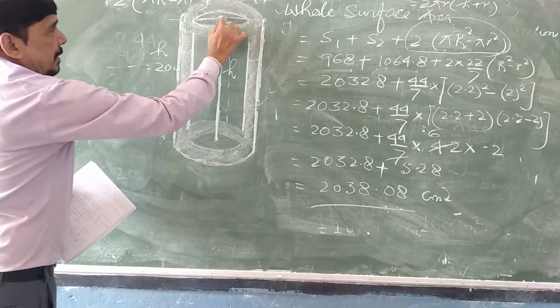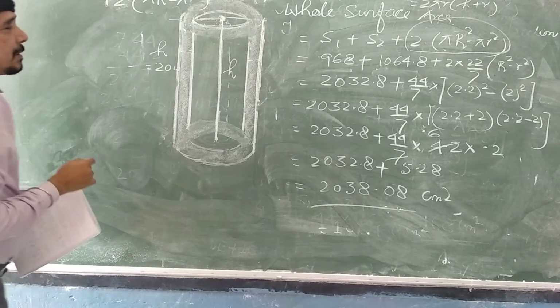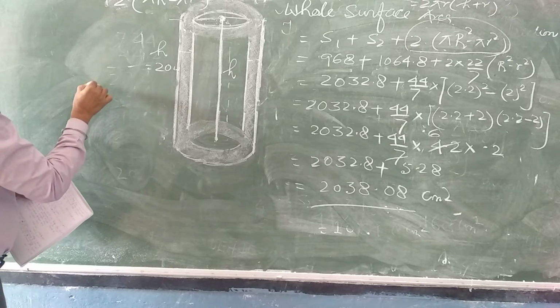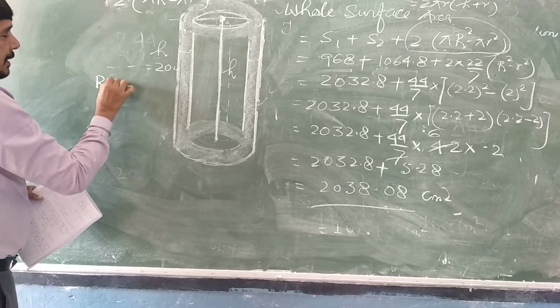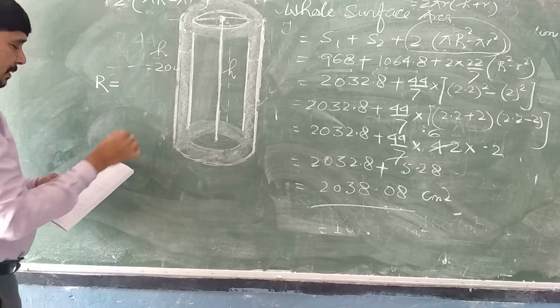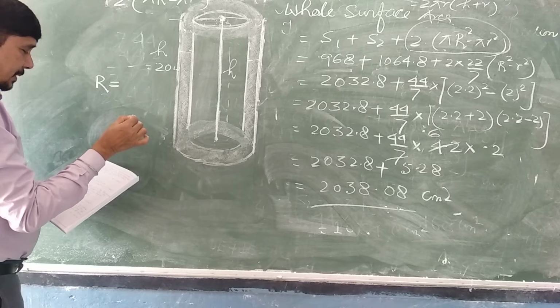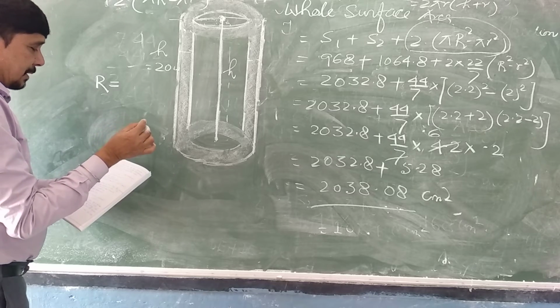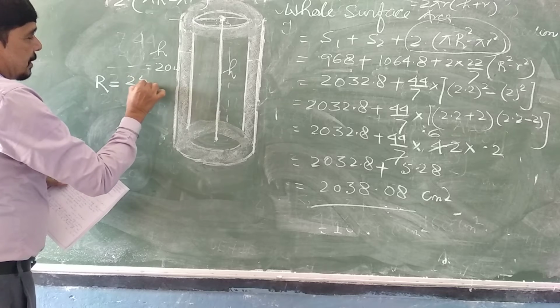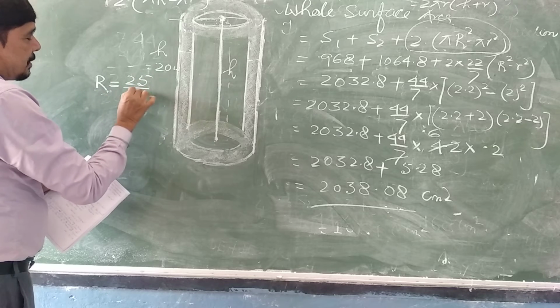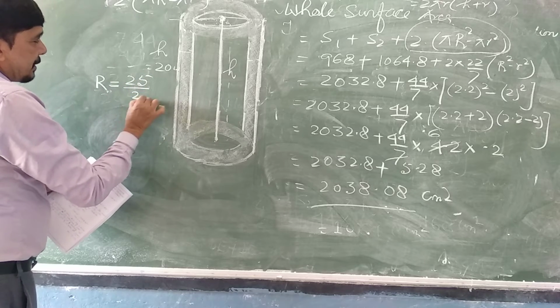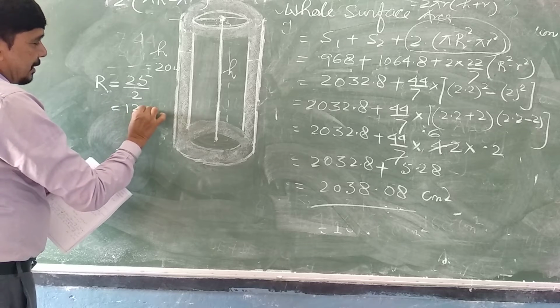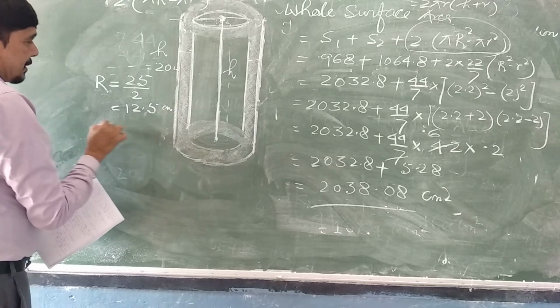External diameter is given, so find the internal diameter. External diameter is equal to 25, so the external radius will be 25 by 2, 12.5 centimeter.